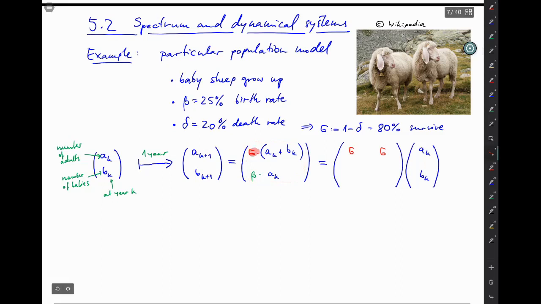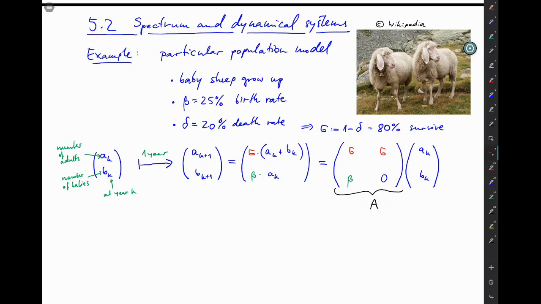Here you want sigma times a_k and sigma times b_k, which gives you sigma here and here. And here you want beta times a_k, which gives you a beta in the first position here, and that leaves the last position empty. Okay, so that's your matrix that lets your population age by 1 year. So instead of having to wait for a year, you could just multiply your population vector by that matrix.